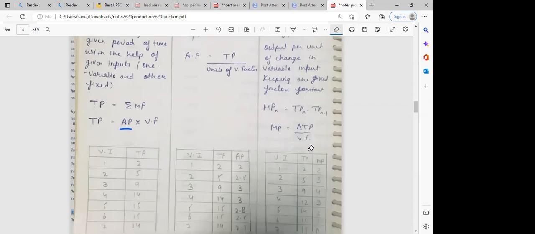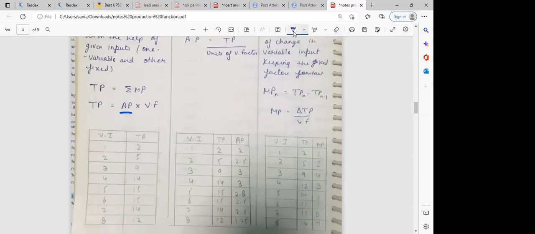Ma'am, could you explain the first formula with the example? This TP, this one? Yes. Okay, wait a minute.